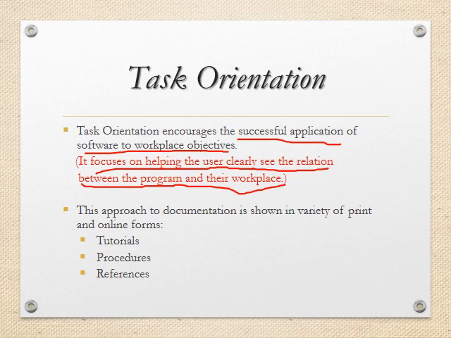This approach to documentation is shown in a variety of print and online forms. We will discuss in this course three types of documents: tutorials, procedures, and references, and we'll compare them and give the major differences and features of each one.